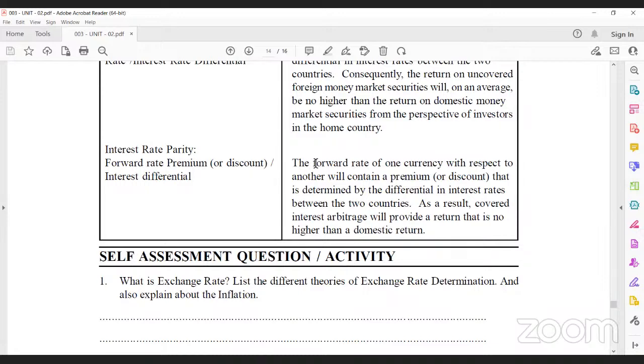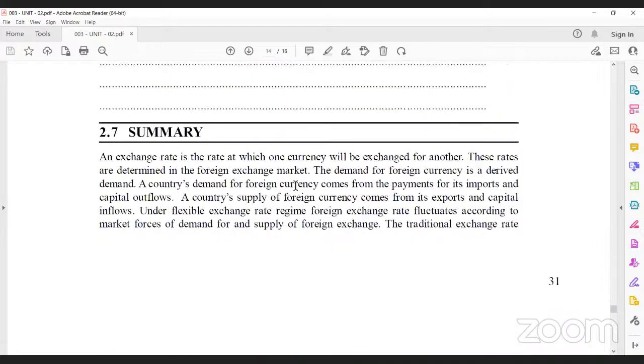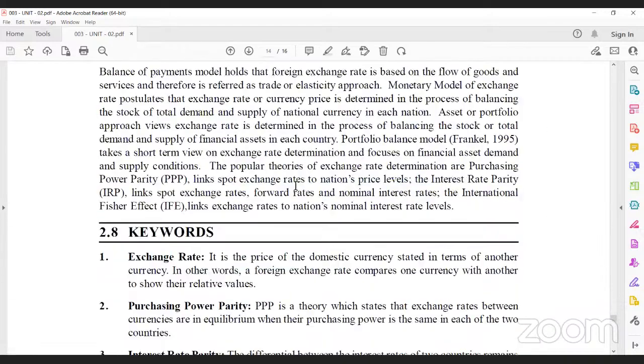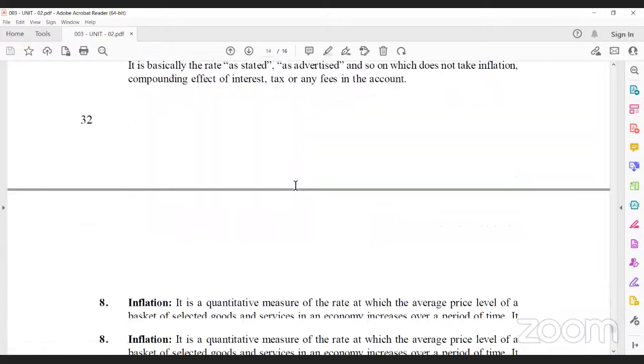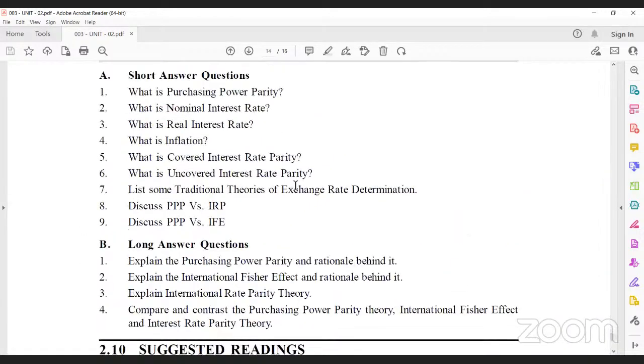Okay. So the second unit is done, and the important questions summary is all there. The important questions revolve around PPP, what it is, NIR, RIR, inflation, covered interest rate, uncovered interest rate, and also short answers on differentiating PPP versus IRP, PPP versus IFE.